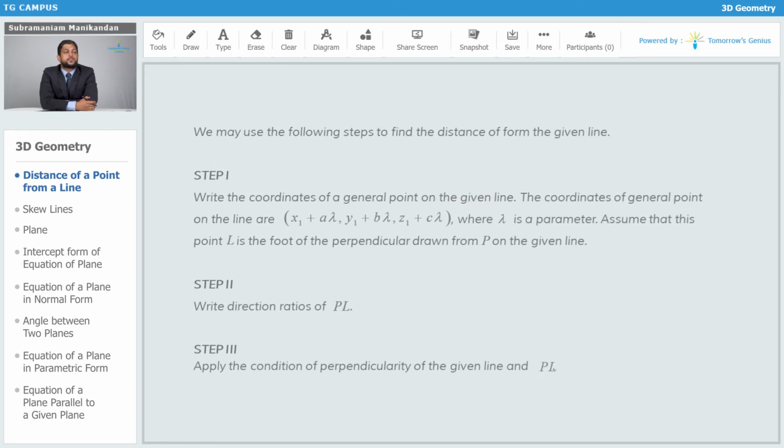Write the coordinates of a general point on the given line. So the coordinates of the general point on the line are (x1 + a lambda, y1 + b lambda, z1 + c lambda). Why? Because the equation of the line is given by (x − x1)/a = (y − y1)/b = (z − z1)/c. If we assume that this point L is the foot of the perpendicular drawn from the point P on the given line, then we can write the direction ratios of PL.